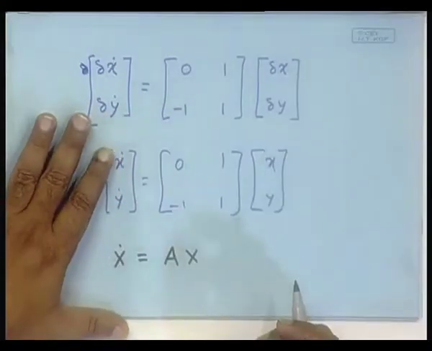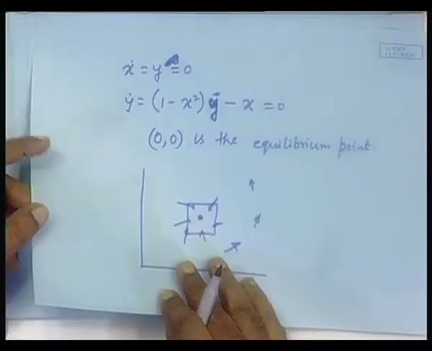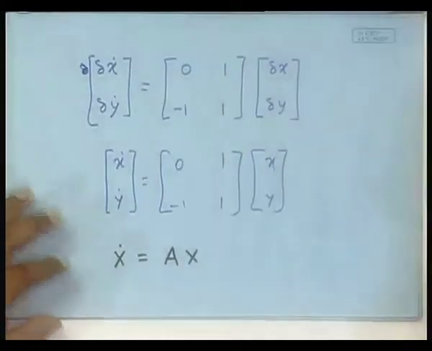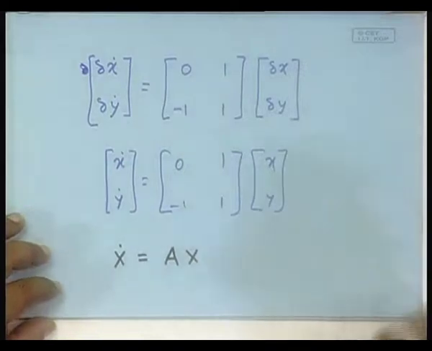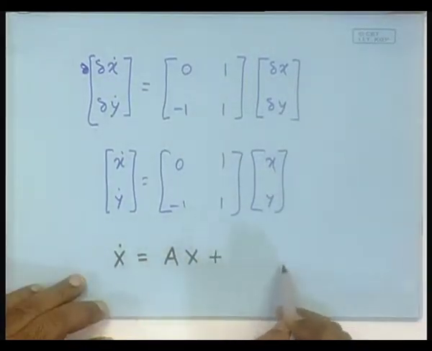If the system is non-autonomous, then that forcing function will also appear in the local linearization, because the local linearization cannot be independent of that. Okay, I will clarify a little later. Point is that it will have some additional term representing the time variation.